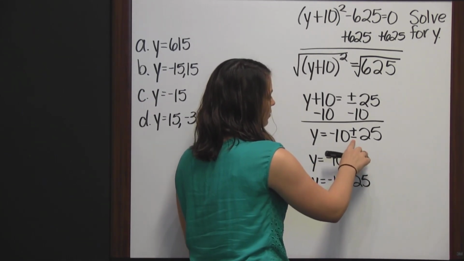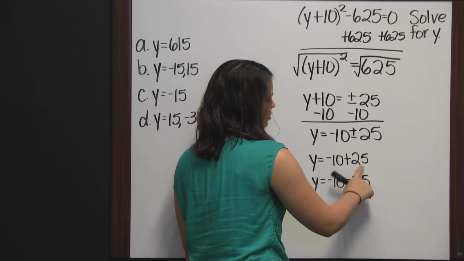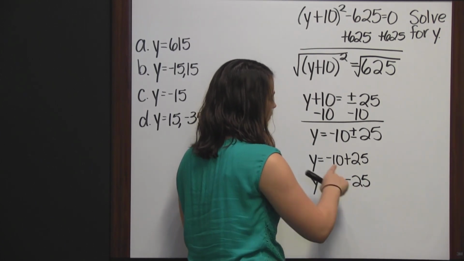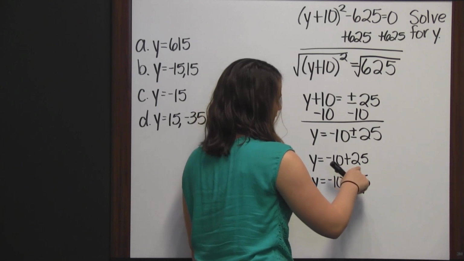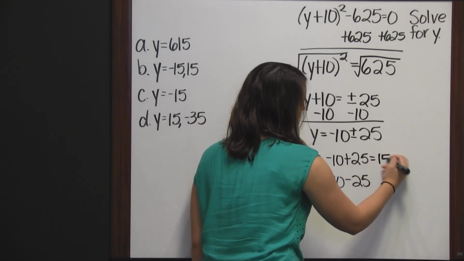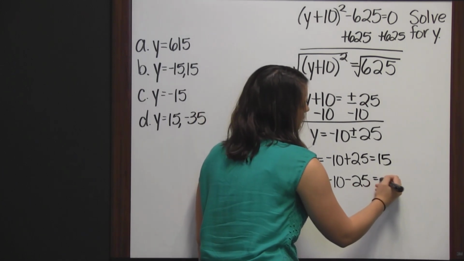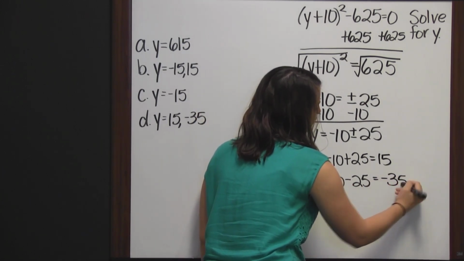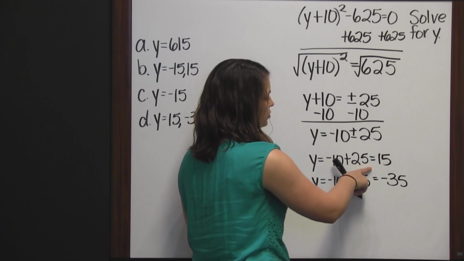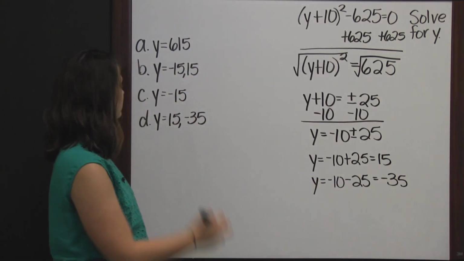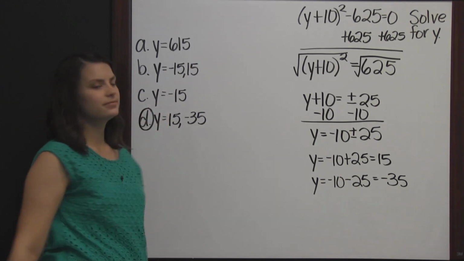All I did was separate the plus or the minus into two separate expressions. Negative 10 plus 25 is 15, while negative 10 minus 25 is negative 35. So our solutions are that y is 15 or negative 35, which is answer D.